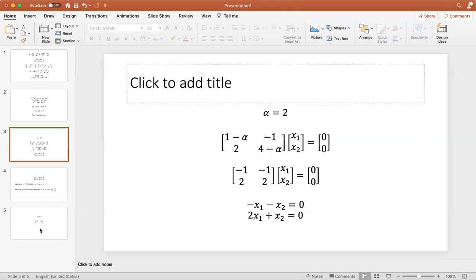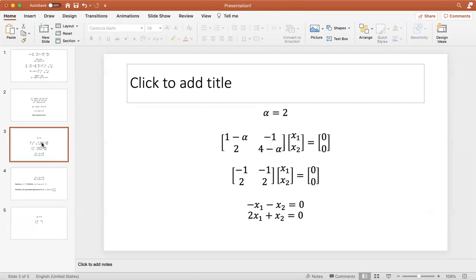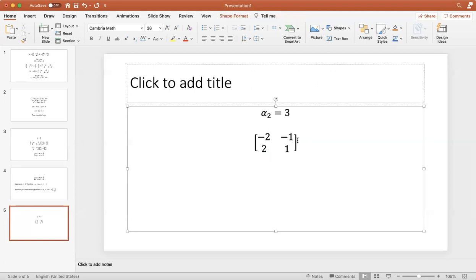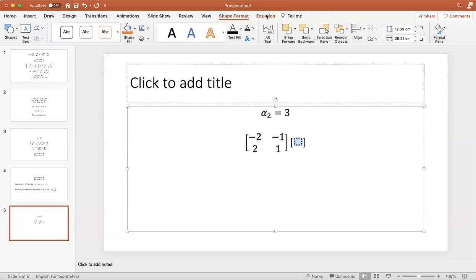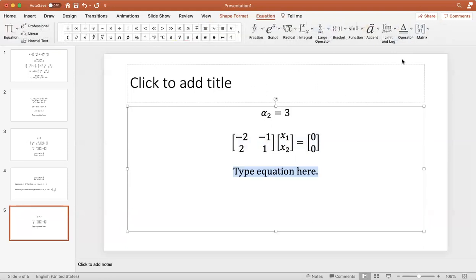You'll have 2, and then 4 minus 3 would be 1. Then you have your eigenvector x1, x2, and the right-hand side remains 0. Reverting this back to its equation form, you'll have negative 2x1 minus x2 equals 0.